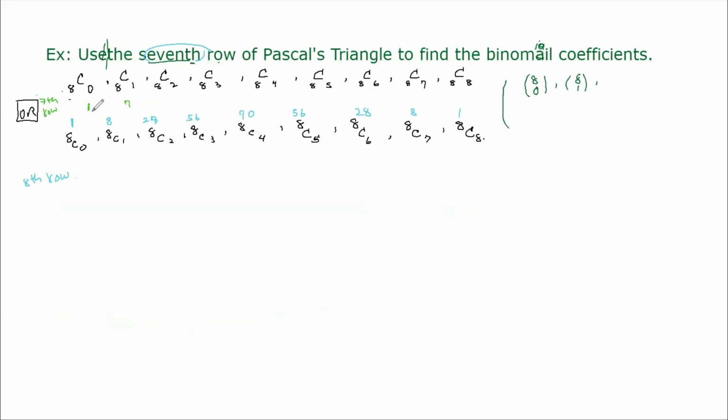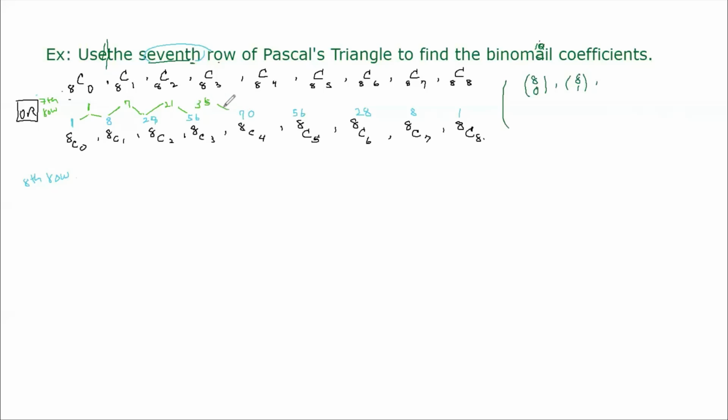Okay. This 1, 1, here, and then 8 minus 1 we have 7 here. And then this is 28, right? 28 minus 7, what do we have? We got 21. And then 56 minus 21 becomes what? 56 minus 21 is going to be 35, right?